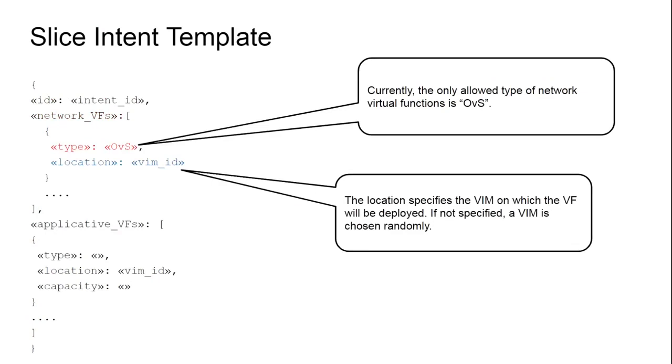Currently, we have only one type allowed, which is OVS, a virtual switch used to emulate OpenFlow switches. And by location, we mean the VM ID on which the VNF will be deployed. If this location is not specified, one random VM among the ones available will be chosen.